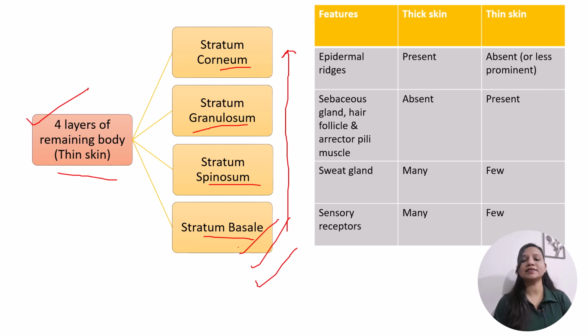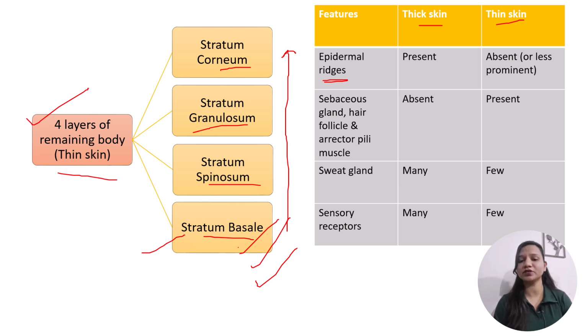Okay, now we'll see the differences between thick skin and thin skin. First is epidermal ridges. We have already seen epidermal ridges in the previous slides, which are the finger-like projections facing downwards in the stratum basal layer of epidermis.